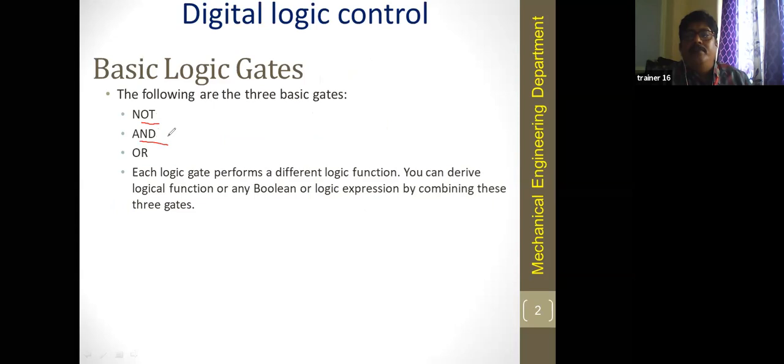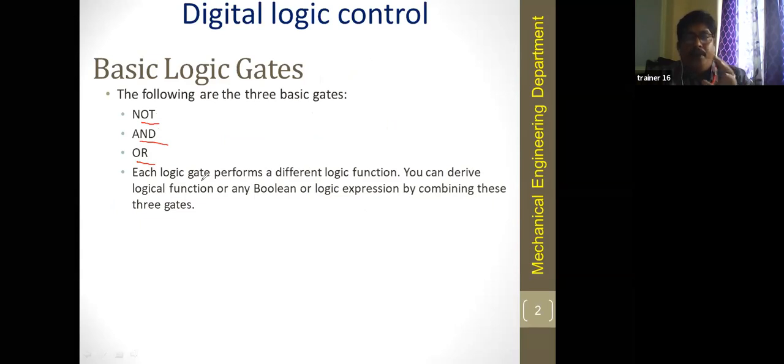These are all mathematical functions, mathematical operations, right? Each logic gate, for example the AND gate and the OR gate, performs different logic functions. Yesterday I gave a clear explanation about this.